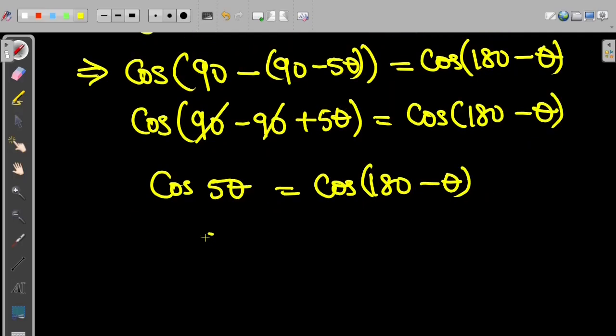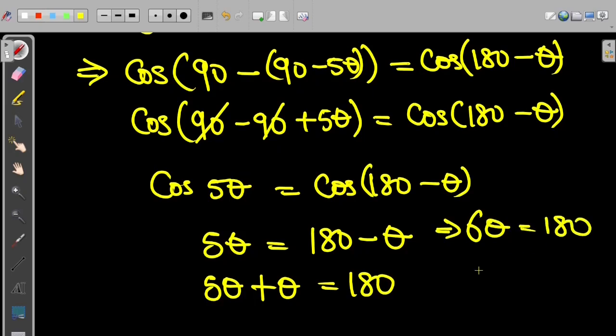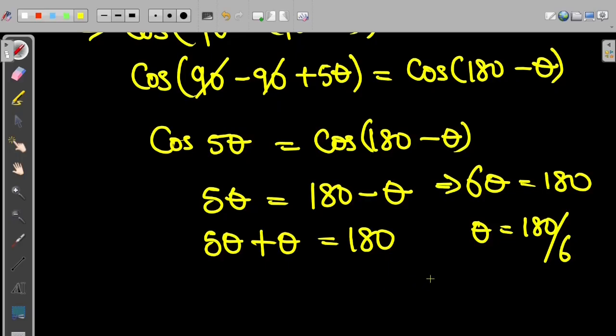So we have it that 5 theta will be equal to 180 minus theta. So therefore we have that 5 theta plus theta is equal to 180, and this gives us 6 theta equal to 180. So theta is equal to 180 divided by 6, and the value of theta is equal to 30 degrees. So at this point, the value of theta is equal to 30.